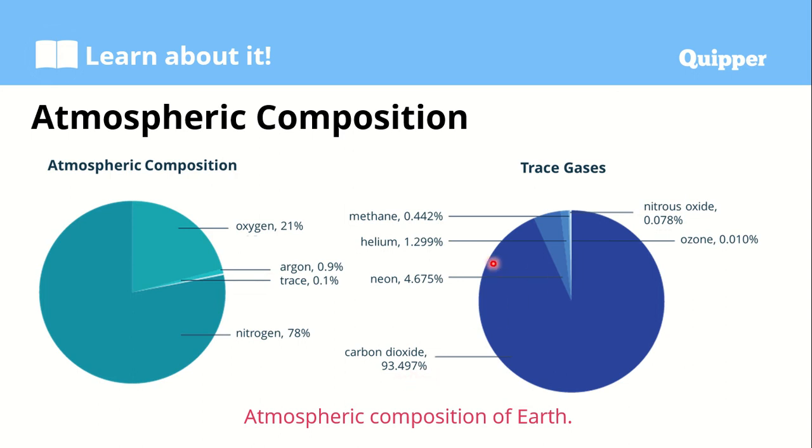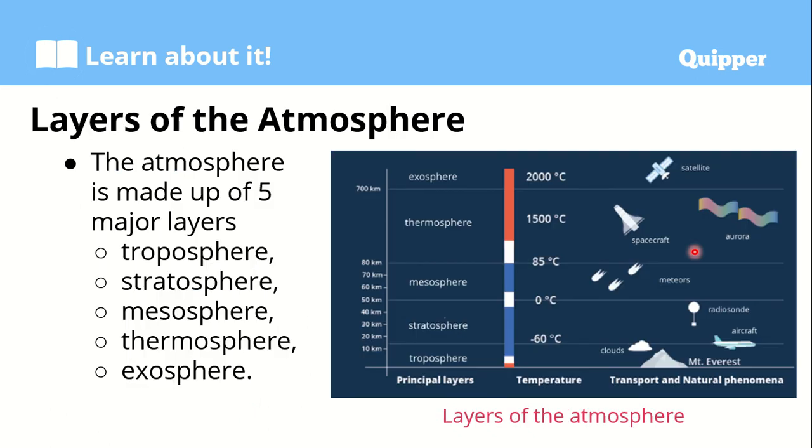So that means majority of the trace gases are carbon dioxide, followed by neon, which has 4.675%, and then followed also by helium, which has 1.299%, and followed by methane, then the nitrous oxide, and ozone.